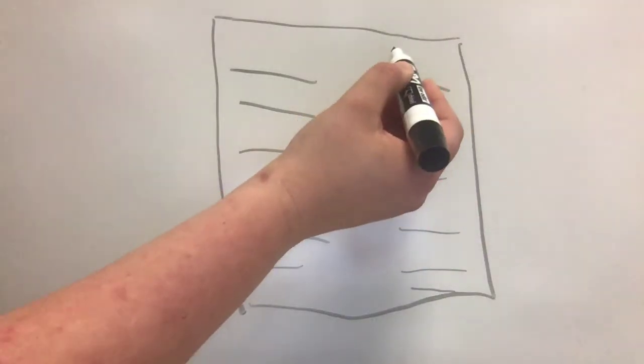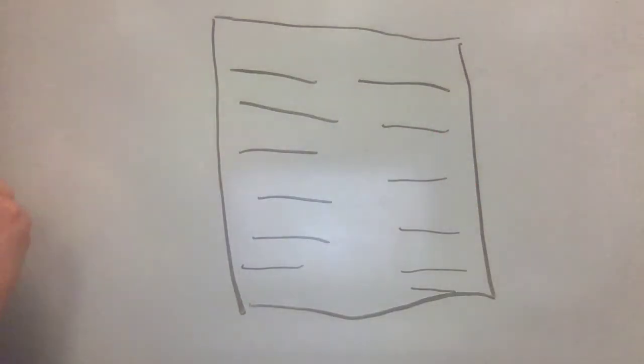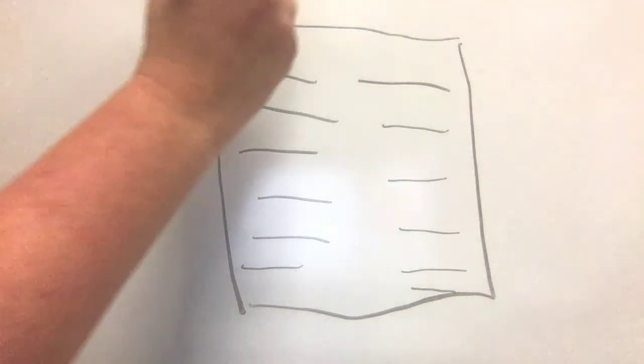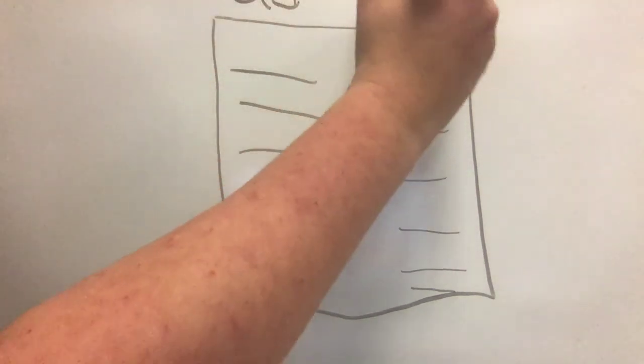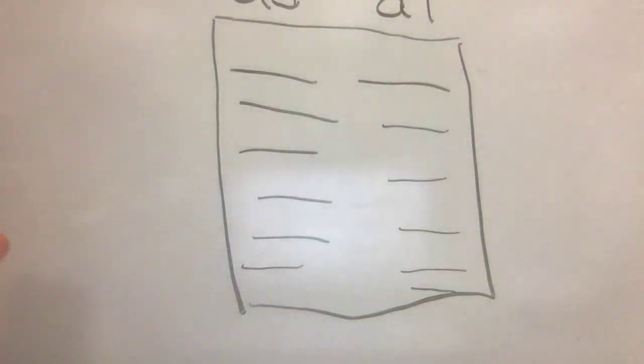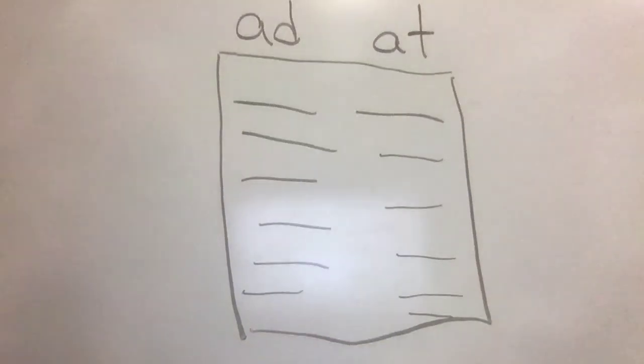I want you to try to remember the words that we made and then the word that you made all by yourself. And then remind your parents to take a picture of your work and upload it into your private channel, because you should have ad on one side and at on the other, because we've done two word families so far. Great job. Go ahead and do that.